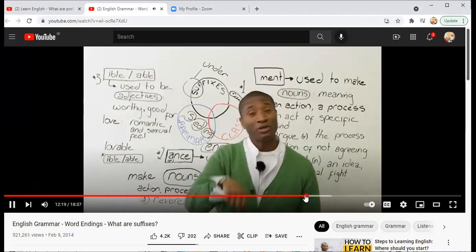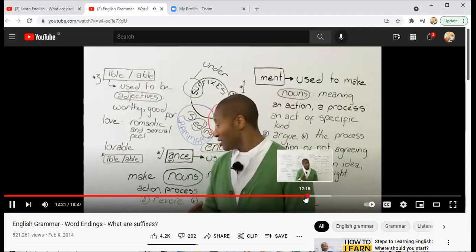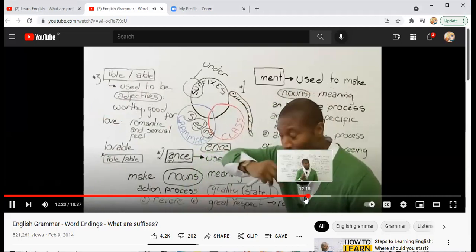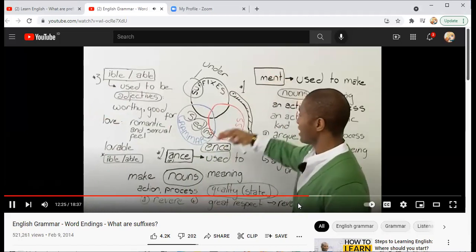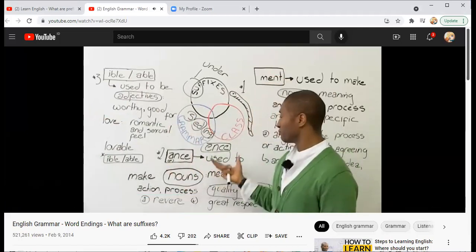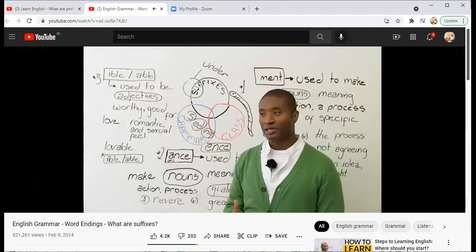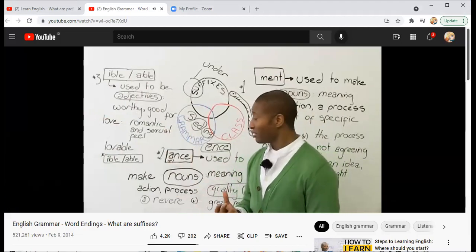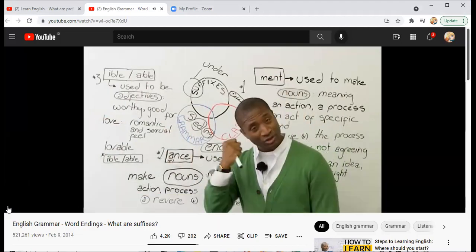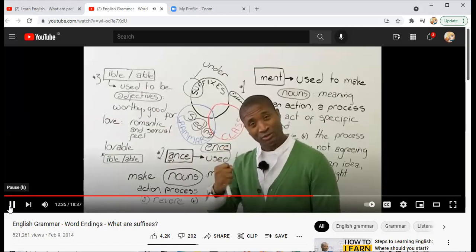But I wanted to show you something a little bit different. I've shown you how ment and ance change words into nouns. And I don't want you to think that this is all suffixes do. But I gave you two strong cases to help you remember this is what they're going to generally do.